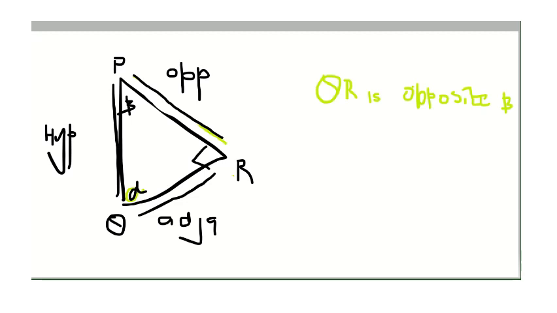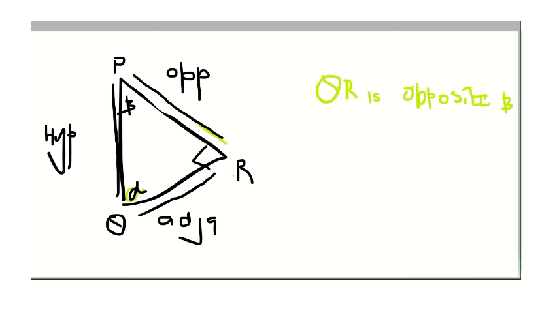As you saw here, in beta, QR was opposite beta. However, the same QR is adjacent to angle alpha, and vice versa.